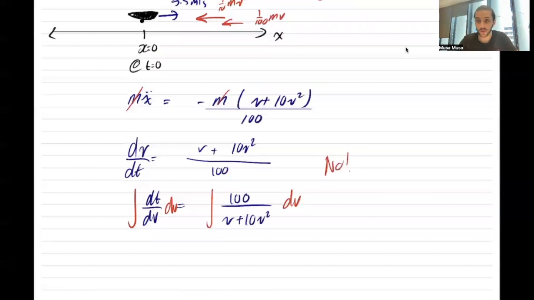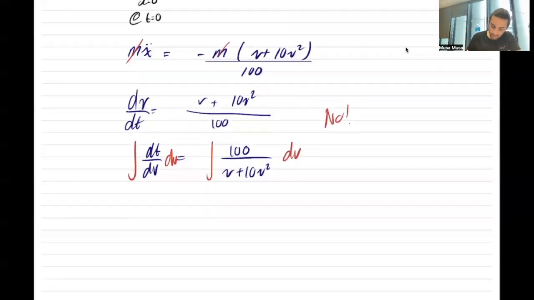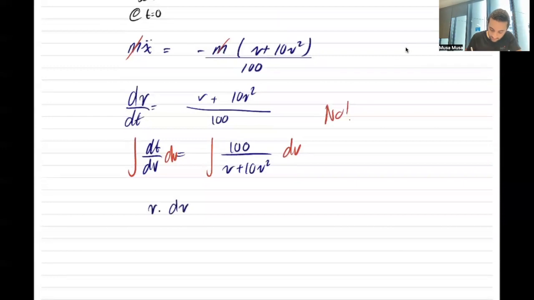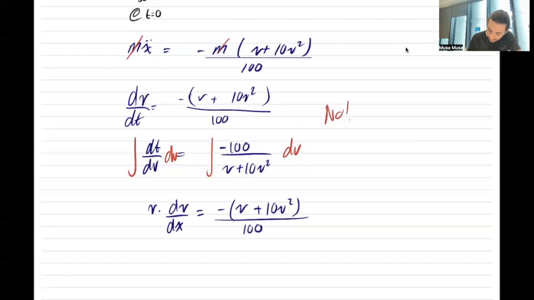The next one that we have is v times dv on dx. And this equals minus, well, this should be a negative, negative v times plus 10v squared over 100. I think this is fine, actually.